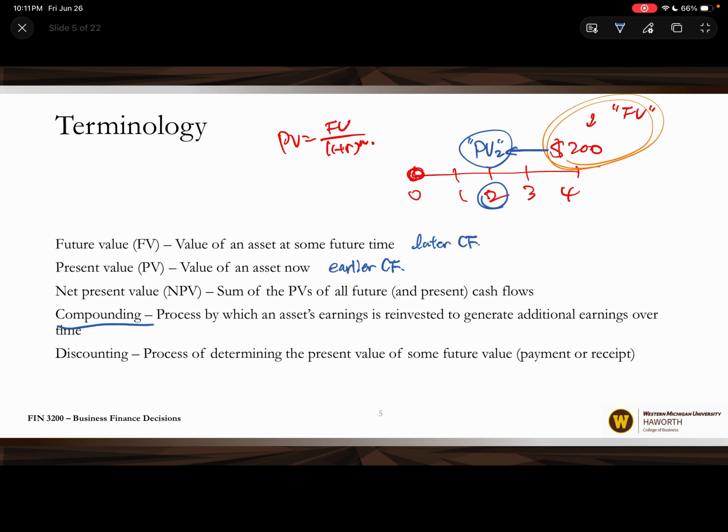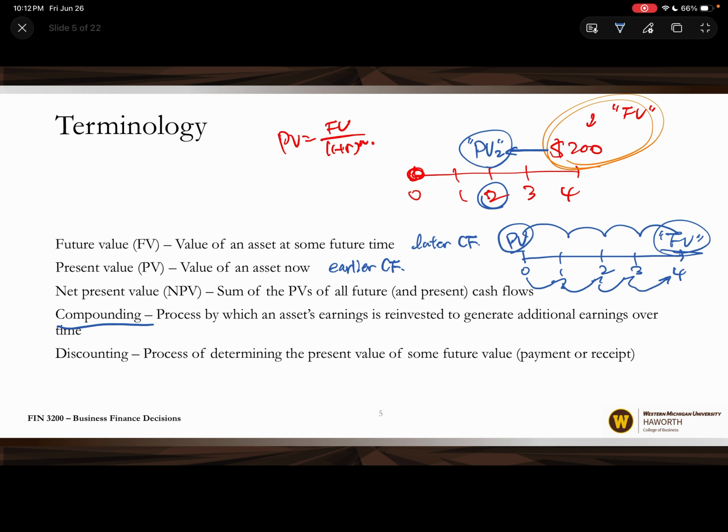That's just compounding. Looking at this from a timeline perspective, whenever we go from here to, say, time 4, we're compounding this cash flow by 4 years.